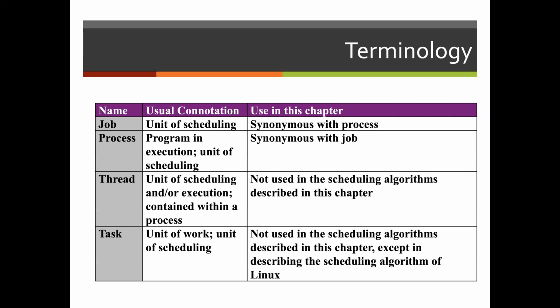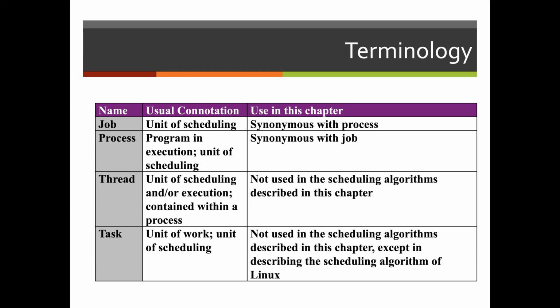And so let's break down the terminology in this regard. We want to consider a job, which is going to represent a unit of scheduling. And within the work that we're doing in this chapter, it's going to be synonymous with the process. And so then we have a process. A process is simply a program in execution and a unit of scheduling. And this is going to be synonymous with the job. Then we have thread.